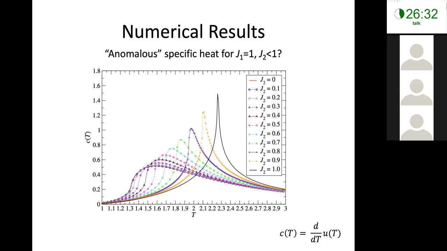So to further investigate the phase transition, we have also looked at the entanglement entropy in the case of J2 equal to 0.5. However, this is a representative case for other values of J2. As long as J2 is less than 1, we observed this kind of behavior.